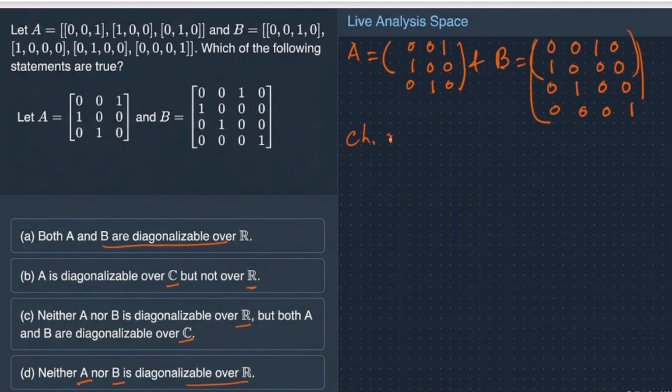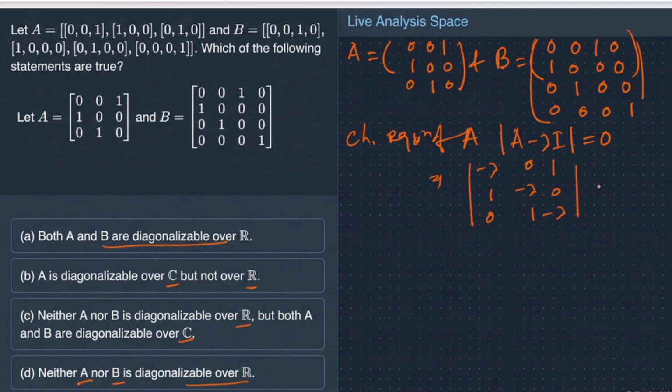First, the characteristic equation of A, that is determinant of A minus lambda I equals 0. Therefore, the matrix is minus lambda, 0, 1; 1, minus lambda, 0; 0, 1, minus lambda, and the determinant equals 0.